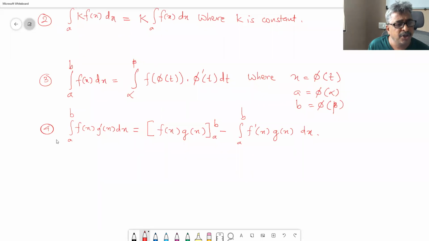Before that, let me finish fourth. Fourth is integration by parts. Integration by parts is a trick to get the antiderivative. So when it comes to evaluating the definite integral of two functions which are in product form, and one of them is easily integrable, we just use the formula and evaluate those functions with the limits a and b, as simple as that.